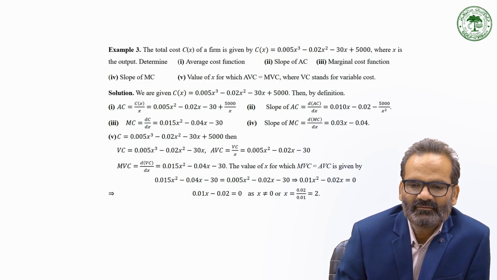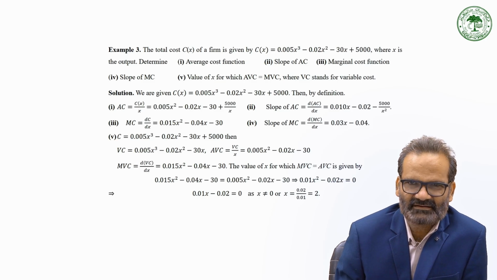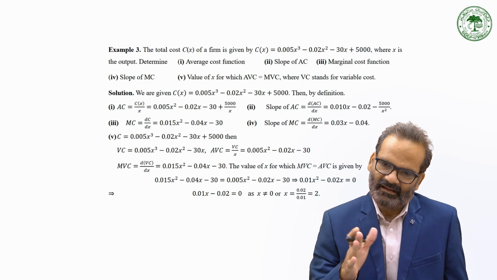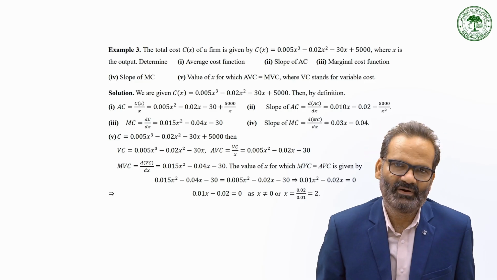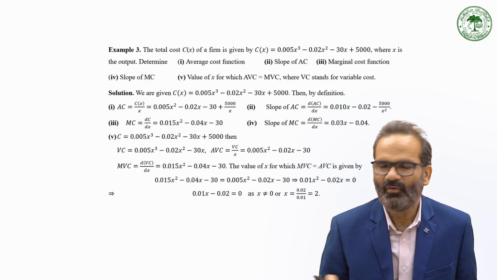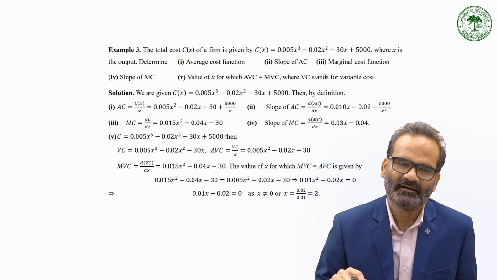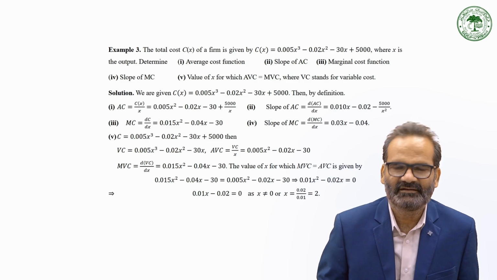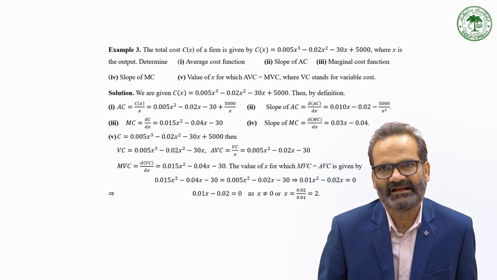When you solve this equation, you will get certain stationary values or stationary points, meaning some values of x. These stationary points give you the point of maxima or the point of minima. Among all these stationary points, which is a point of maxima and which is a point of minima can be tested by using the second derivative.